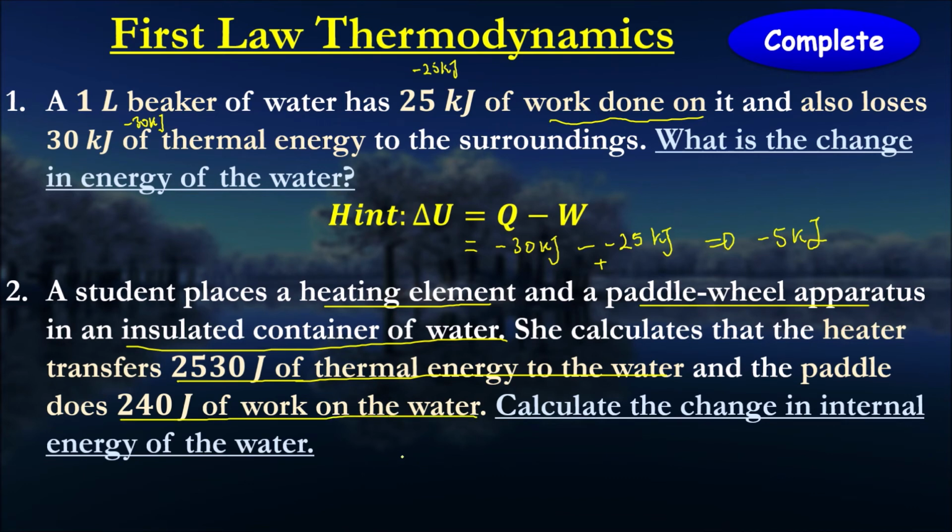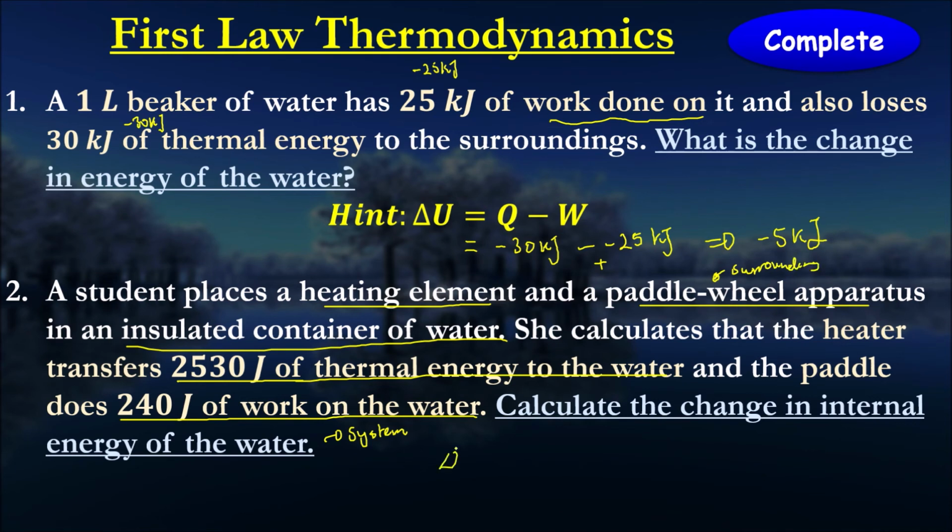Calculate the change in the internal energy of the water. So the water here, according to this question, is our system. The paddle wheel is the surroundings.